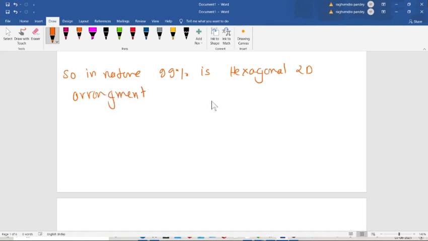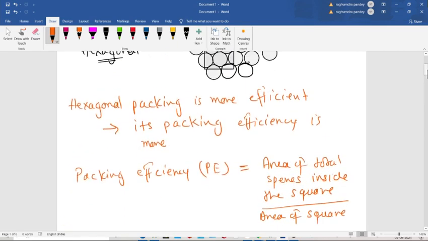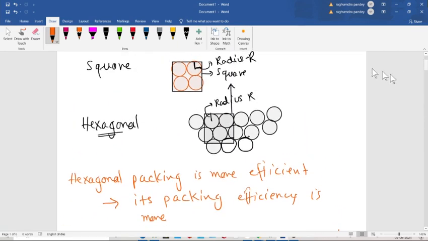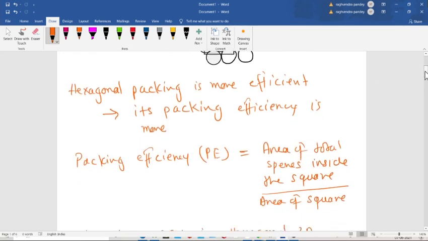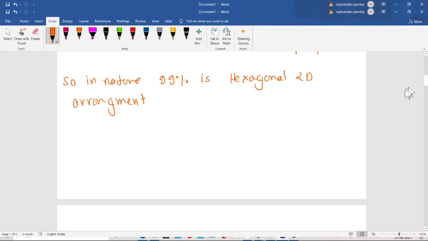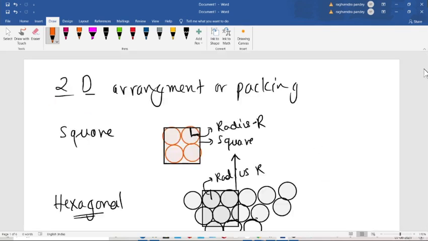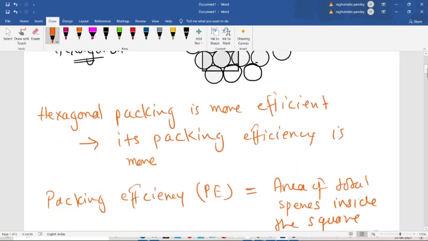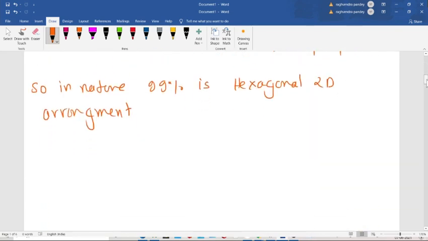Hexagonal 2D arrangement, 99%. The rest, in 1% of cases, it is the square which is there. So that is basically your 2D packing, how the arrangement is there. That is your 2D.